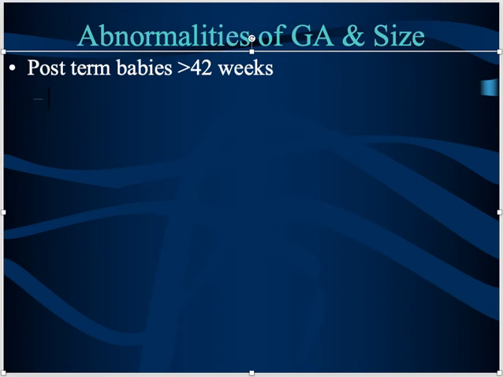One very important thing which will keep coming up again and again in the coming lectures is called meconium. Meconium is the first stool of the baby; stool means feces.